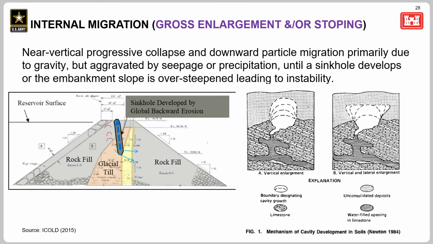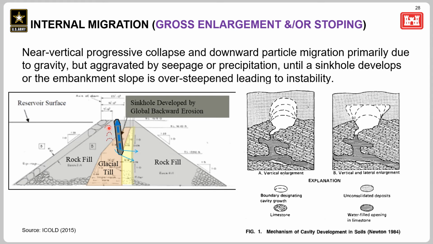Internal erosion can also occur as a result of internal migration, which we also call gross enlargement or stoping. Internal migration is the vertical, progressive collapse and downward particle migration that occurs primarily due to gravity.